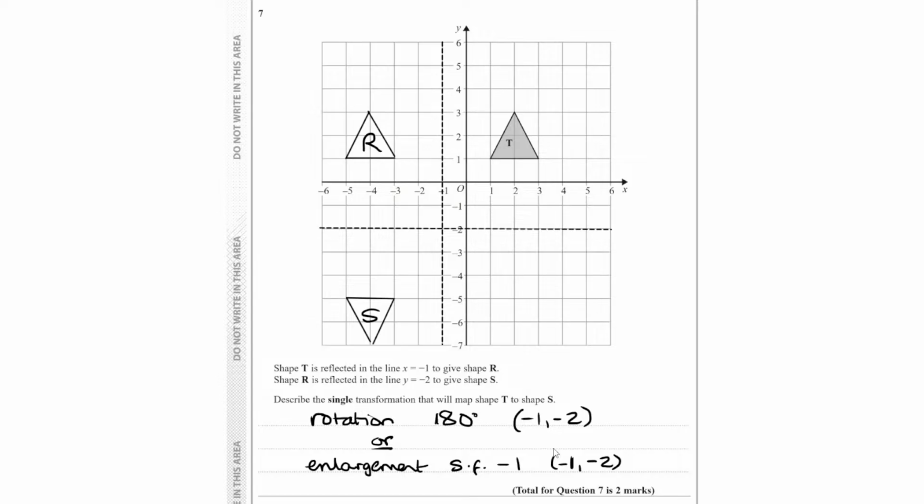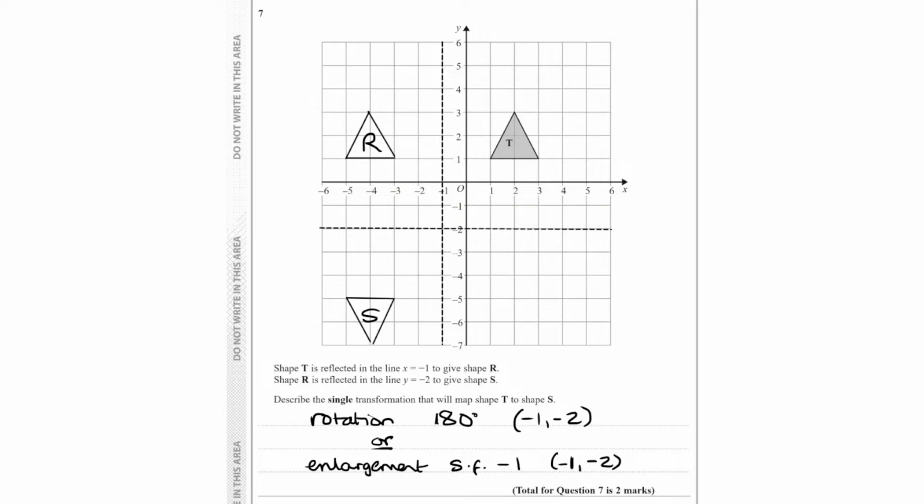If you just say how many, I would imagine the rotation is 1 mark, and then the information is about, but let me see. Oh no, hang on. They've said you get 1 mark if you say rotation 180 degrees, or rotation and then the center, -1, -2. So if you've just said rotation and nothing else, they won't give you any marks.